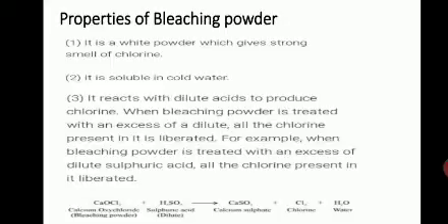The chlorine produced by the action of dilute acid on bleaching powder acts as a bleaching agent. So the real bleaching agent present in bleaching powder is chlorine. The bleaching action of chlorine is due to its oxidizing property. Some colored substances turn colorless when oxidized by chlorine.